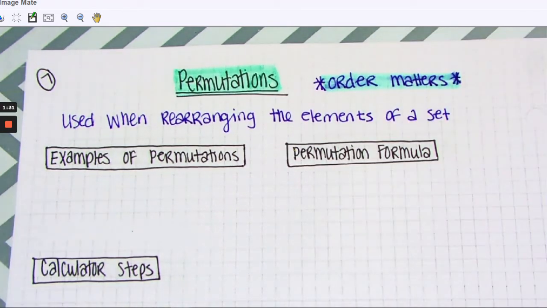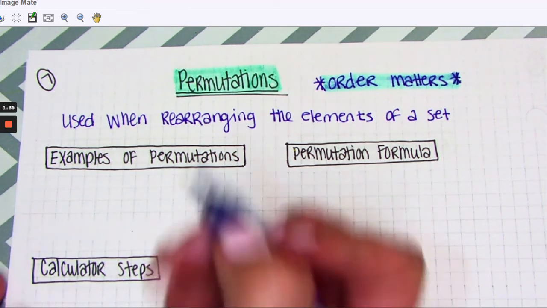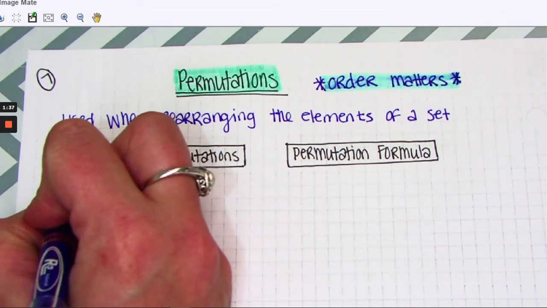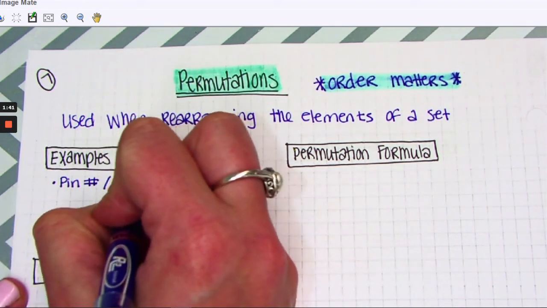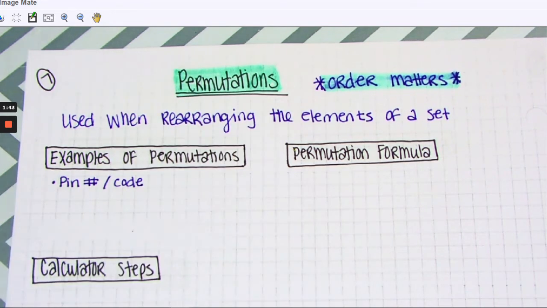So the best example of a real-world permutation is a PIN number or a code. For example, if you have a 4-digit code that locks your phone, it matters that you put those numbers in a certain order or it's not going to unlock your phone. Or if you have a PIN number for your debit card, you can't just type in the 4 numbers at random. They have to be in a pattern.